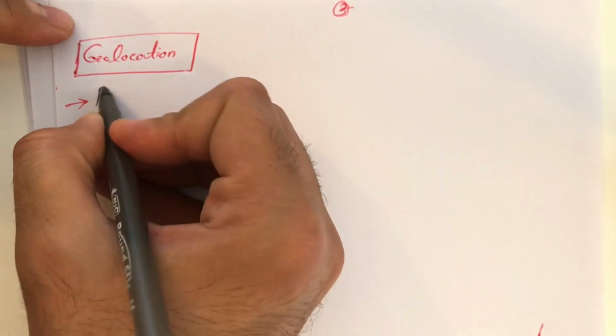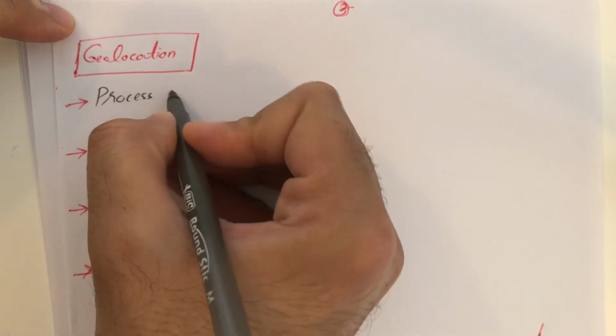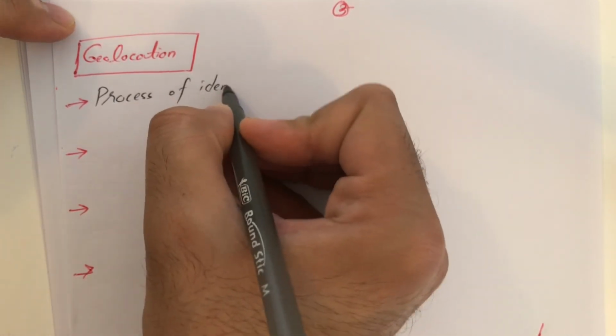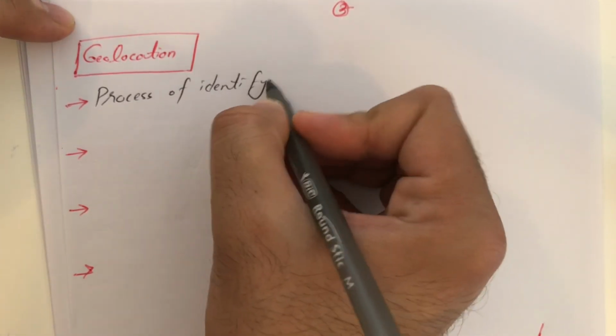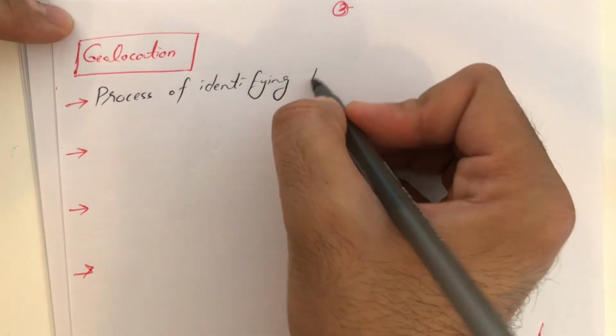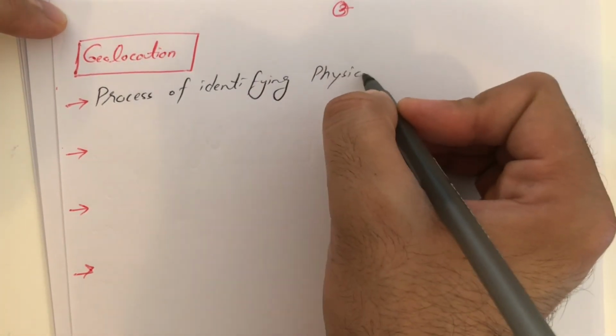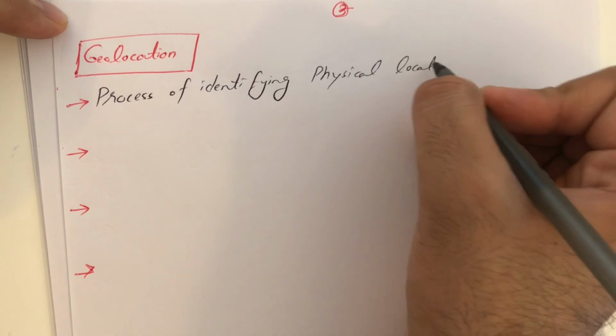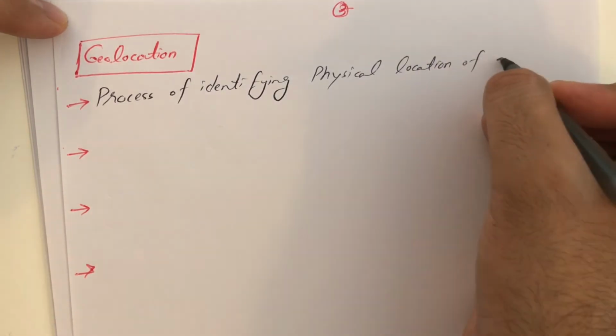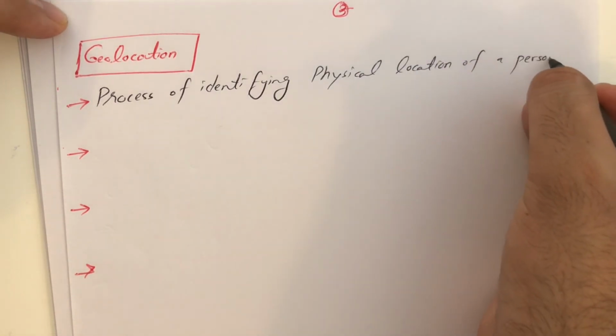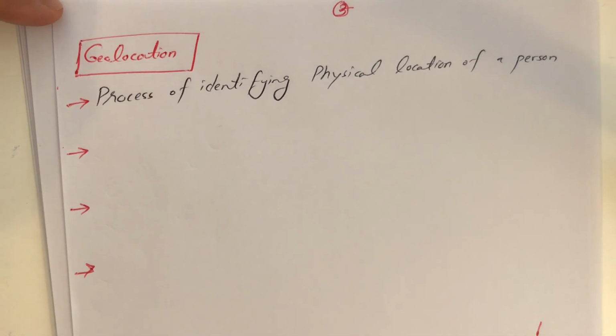Geolocation is the process of identifying the physical location of a person. This is called the geolocation.